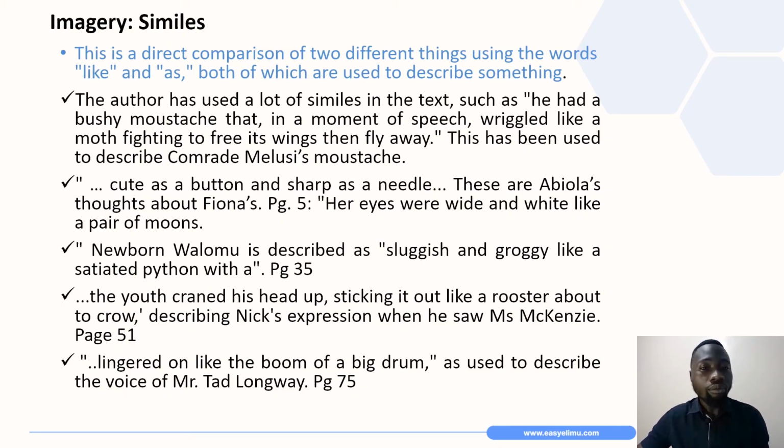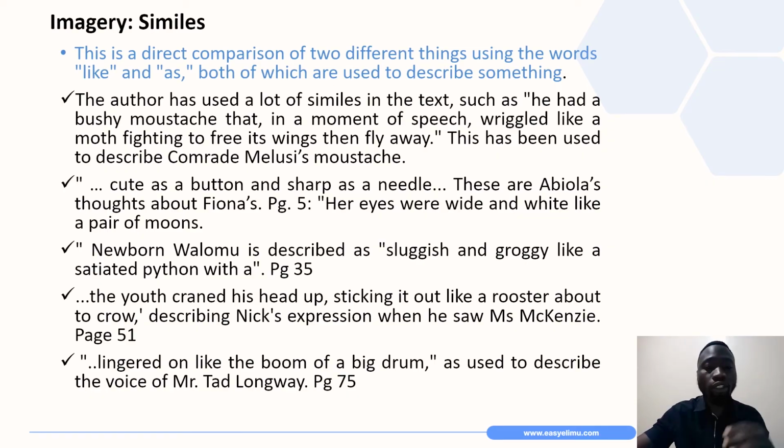The author used a lot of similes in the text, such as he had a bushy mustache. So dear student, the moment you see the words regal like a moth, white like a pair of moons, or something that goes as dash as, and so on, we talk about what is called what?